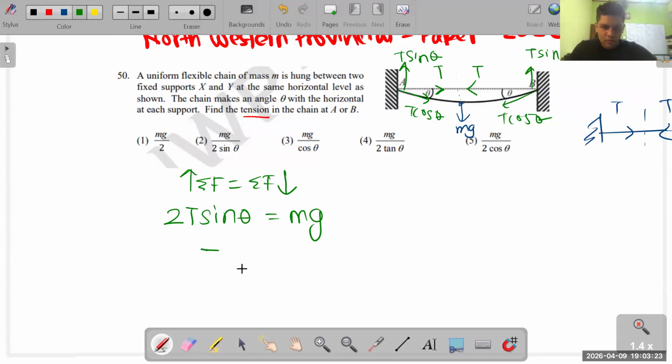So T equals mg over 2 sine theta. Simple question, right? This is the answer. Let's see if there's an answer like that. Yeah, the second one. Second one is the answer, mg over 2 sine theta. One of the simple questions.